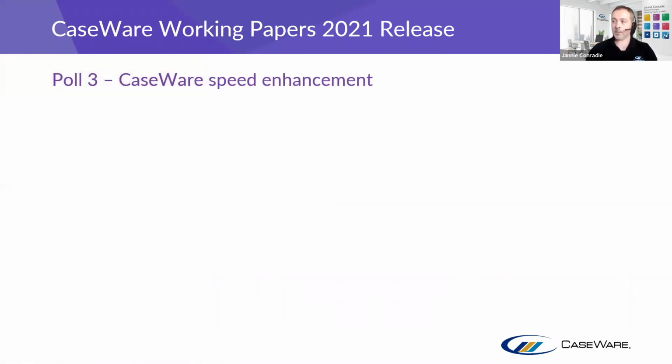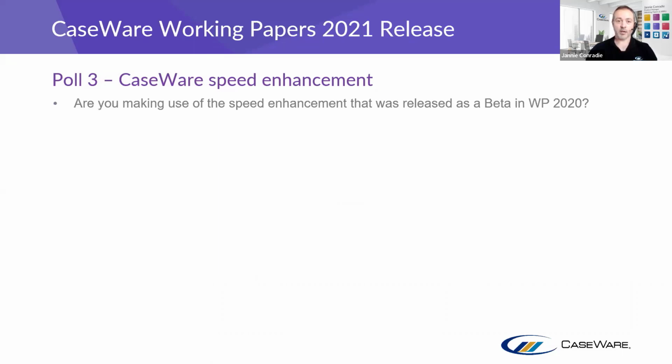Okay, before I continue, just another poll, please. Are you making use of the speed enhancement that was released as a beta with Working Papers 20? Very interesting. I can see the results so far.